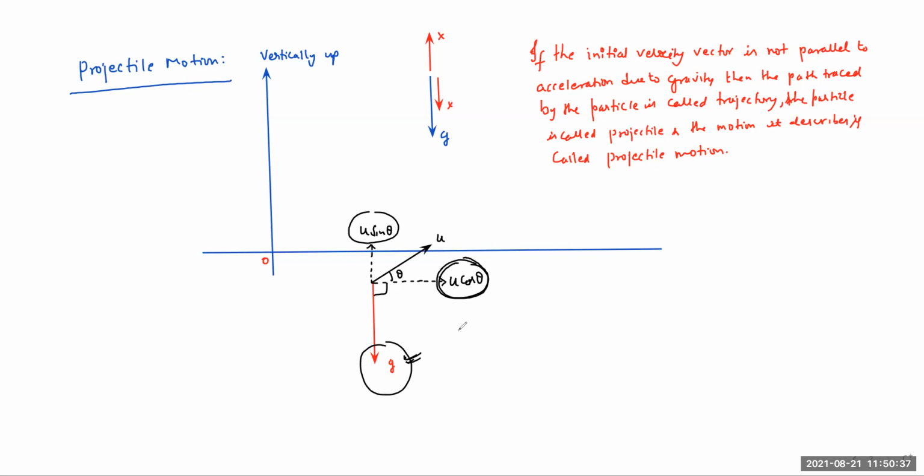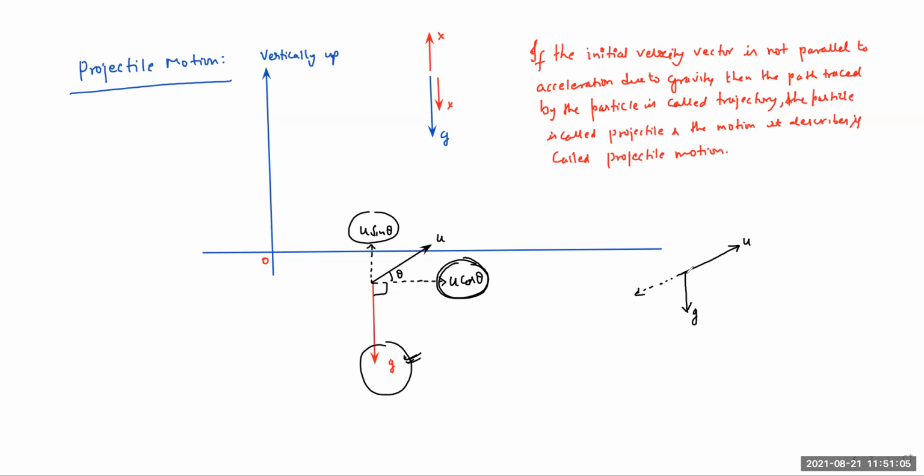Now, before we solve questions for various categories, let's try to play with this a bit more. So g is acting this way, and you're throwing something this way. Now again, it is not necessary that you must resolve u. You may think of resolving g as well.